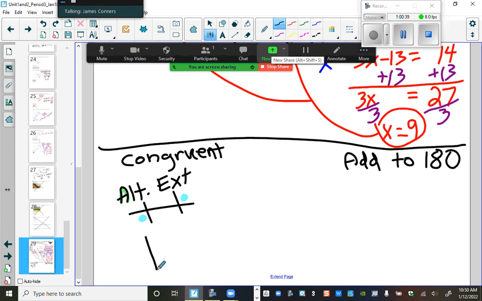Or alternate interiors are going to be congruent as well.